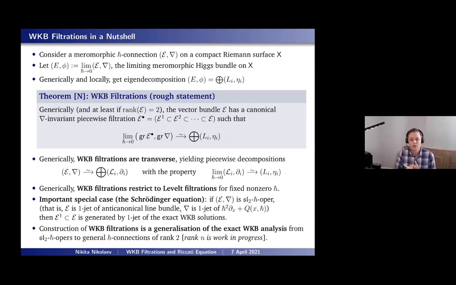This is the last point on the slide I want to make: hopefully this example convinces you that the construction of these WKB filtrations is a genuine generalization of the WKB analysis from second order linear scalar differential operators, to a slightly invariant degeneralization of them, which are these SL2 opers, to general h-bar connections on an arbitrary vector bundle on a compact Riemann surface X with arbitrary poles, etc. At least in rank 2, and in rank n, I think I have most things in place.